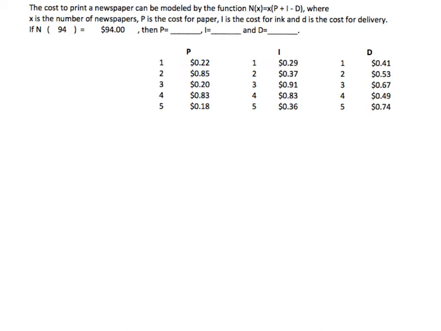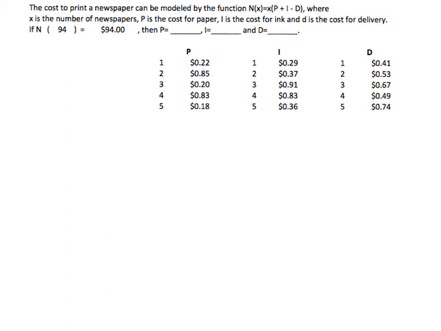The cost to print a newspaper can be modeled by the function n of x equals x times the quantity p plus I minus d, where x is the number of newspapers, p is the cost for paper, I is the cost for ink, and d is the cost for delivery. So if n is 94, then it's going to cost $94 to print 94 newspapers.